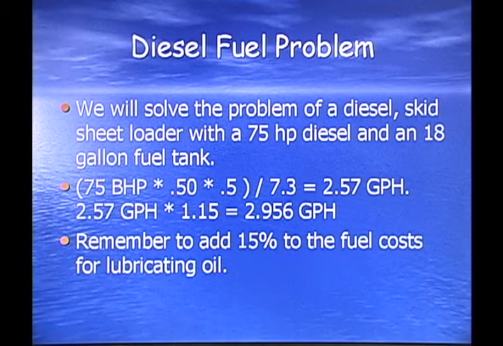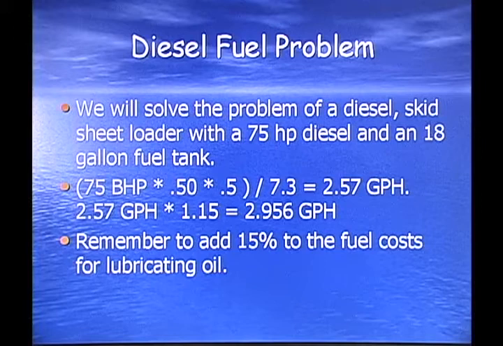Your diesel fuel problem will be a diesel skid loader with a 75 horsepower diesel and an 18-gallon fuel tank. 75 bulk horsepower times 0.50 times 0.50 divided by 7.3 pounds per gallon equals 2.57 gallons per hour.